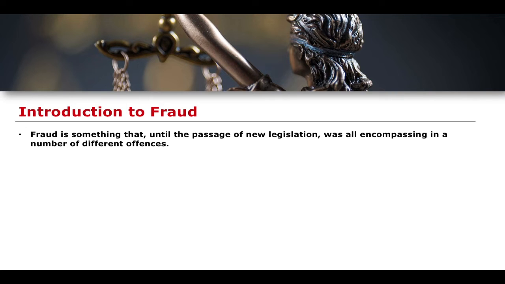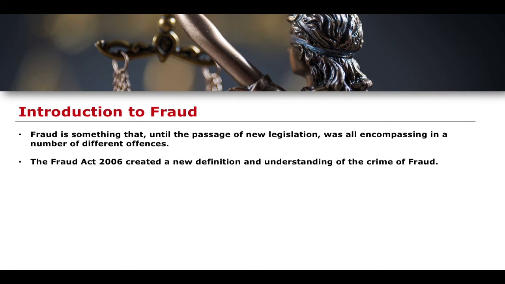But prior to that, we had all-encompassing different offences that had various different ideas and names. Fraud itself became the crime that we know it as today as a result of the 2006 Fraud Act. Not to suggest that there wasn't fraud before 2006, it is just that the Fraud Act codified a lot of these offences and brings them together into one piece of legislation.